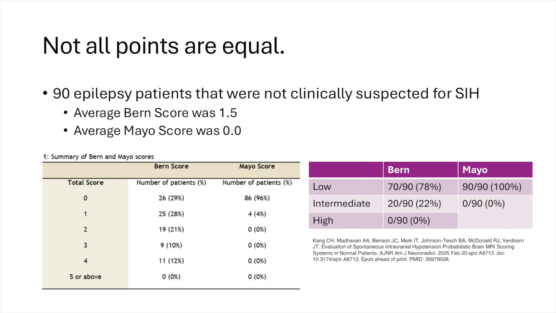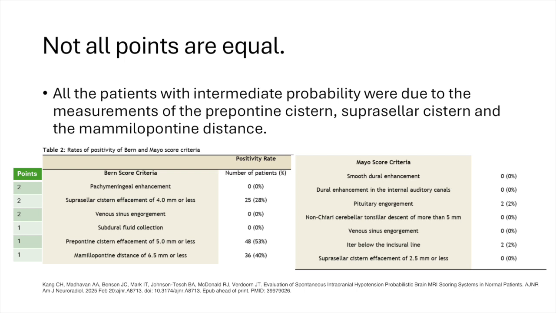So where are these points coming from? When we looked at that, the points are actually coming from the measurements of the prepontine cistern, the suprasellar cistern, and the minimal pontine distance. So maybe in patients with SIH, we should be putting more weight on the subdural fluid collections, or the pachymeningeal enhancement, or venous sinus engorgement that isn't found in patients without SIH.